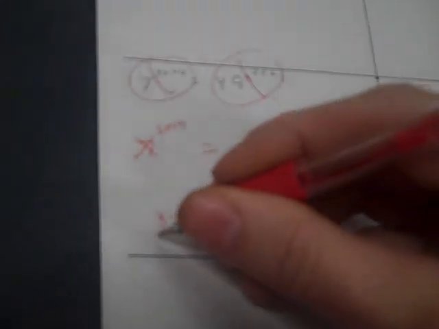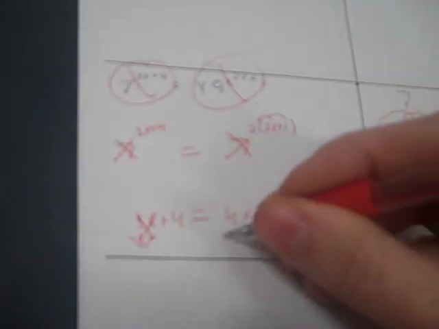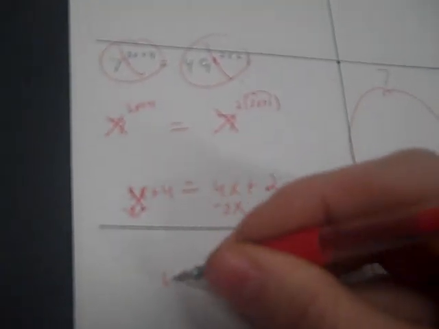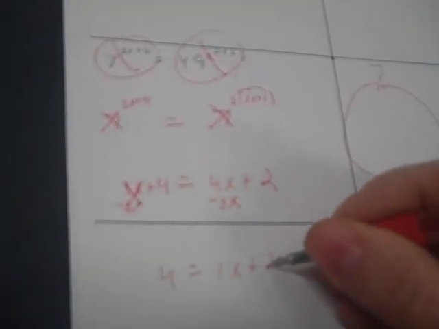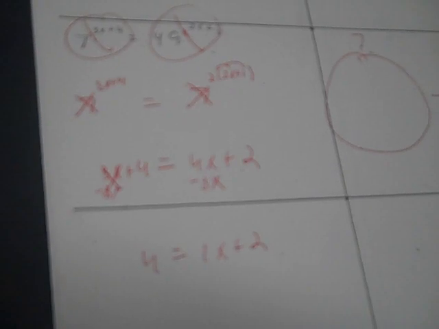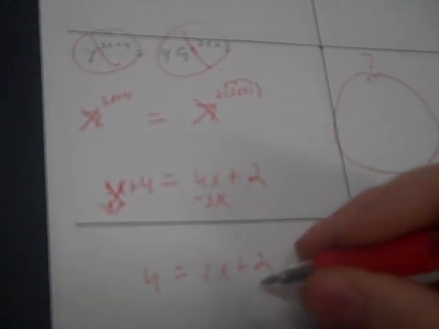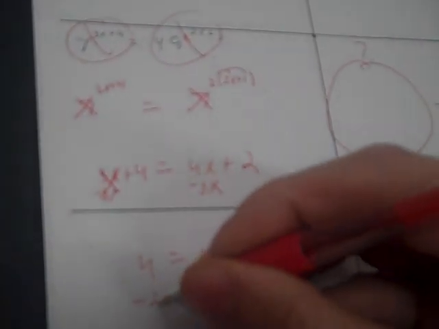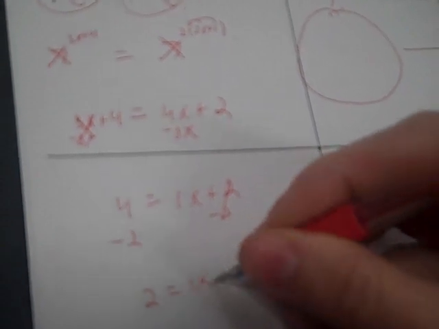Easy solve. Subtract 3x. Takes me to 4 equals 1x plus 2. You don't have to do the factoring here. That's when you have x to the second and x. 4 minus 2 is 2 is 1x. So x is 2.